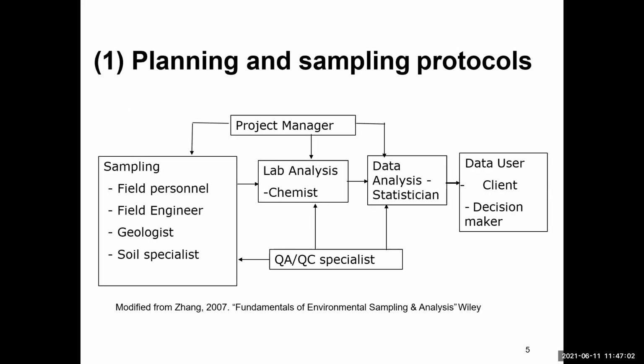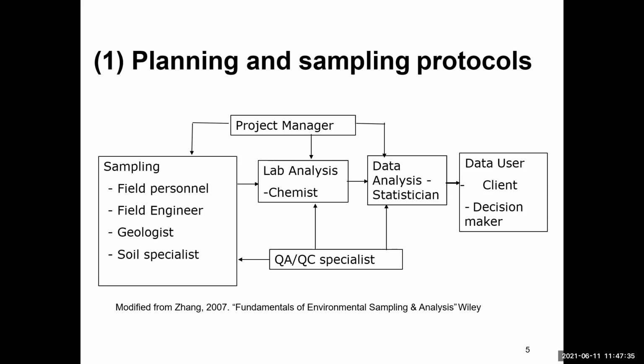This is the planning and sampling protocol: how to make the plan for the sampling, and this follows a sampling protocol. It starts with the project manager, who gives the direction for the sampling and is satisfied with the data analysis.